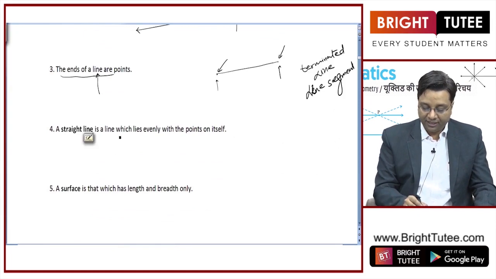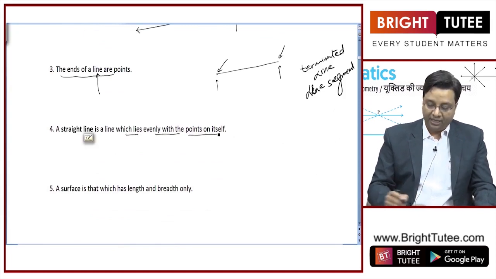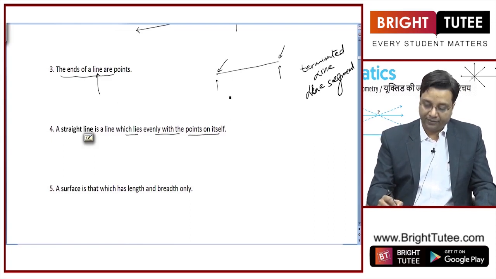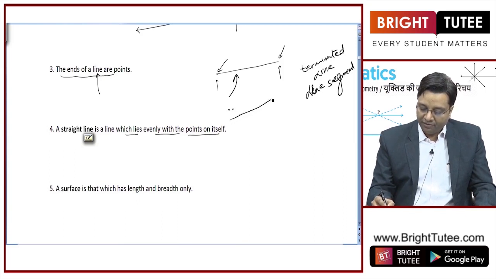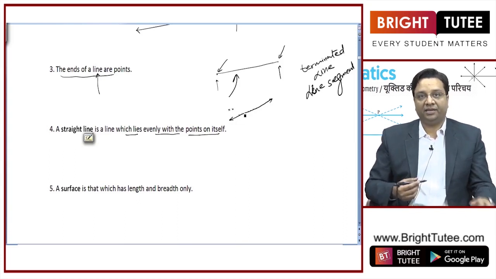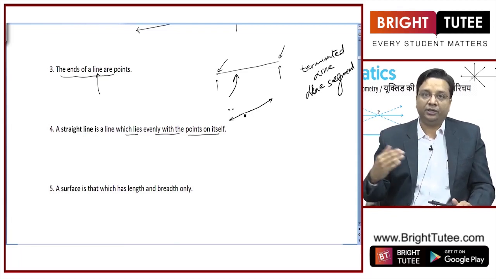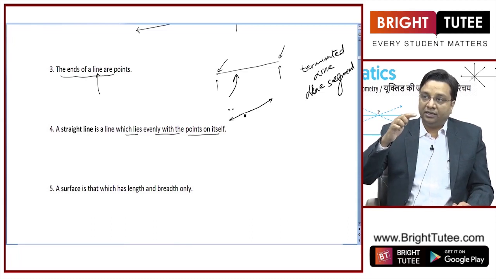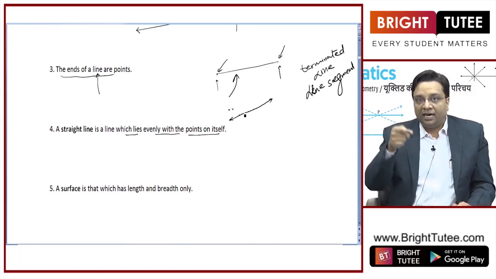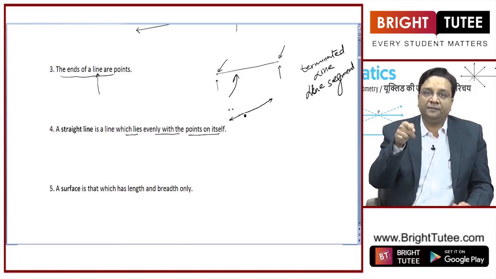A straight line is a line which lies evenly with the points on itself. Now, if you look at this line here, it is just a collection of points. There are infinite points that lie on a line. A circle or an arc is also a collection of points.